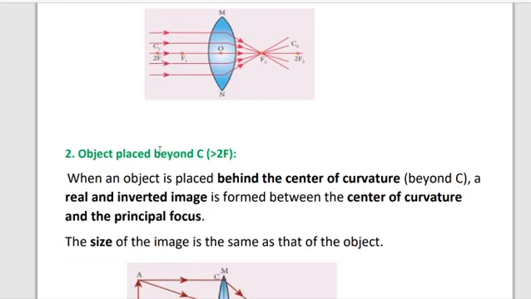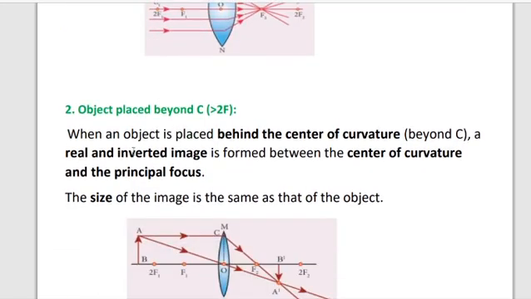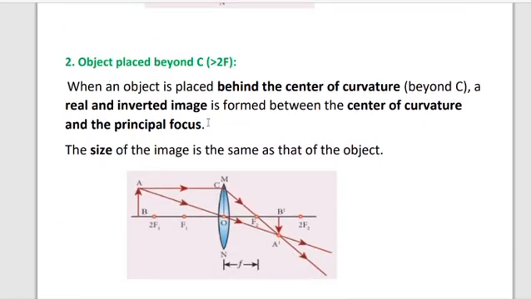Suppose the second case, now the object placed beyond C. What about C? C is the center of curvature. This is C or 2F1, center of curvature, center for the particular curve. So there are 2 centers of curvature, C1 and C2, for this lens.